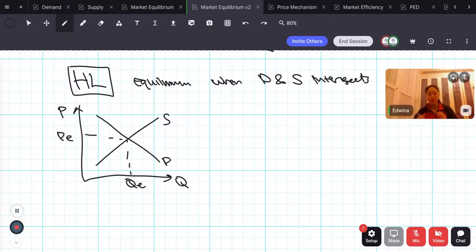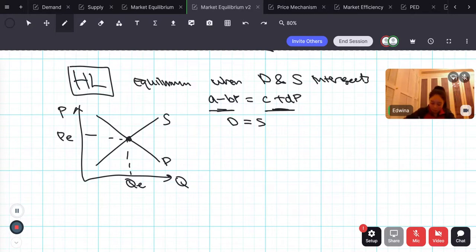And therefore we also know that the demand function is Qd = a - bP. And we also know that the supply function is Qs = c + dP. And so we know that the intersection point is when both equations are equal to each other. That is when D is equal to S, because that's when P_E and Q_E are established.